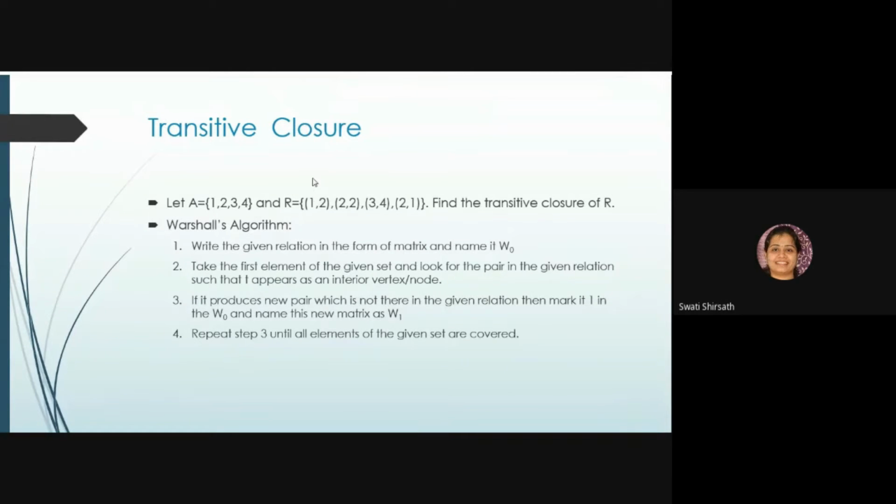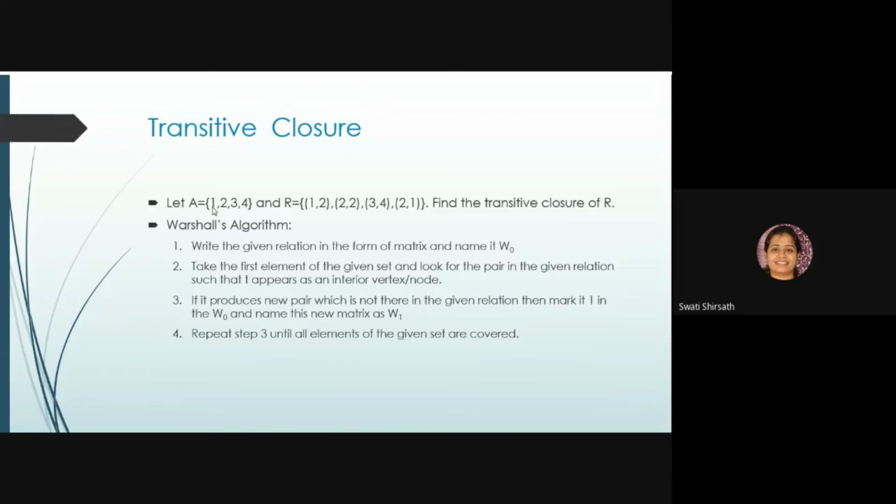Then you have to take the first element of the given set. Suppose I have taken 1, and look for pairs in the given relation in which it appears as an interior vertex.